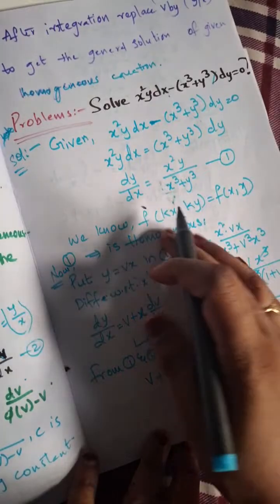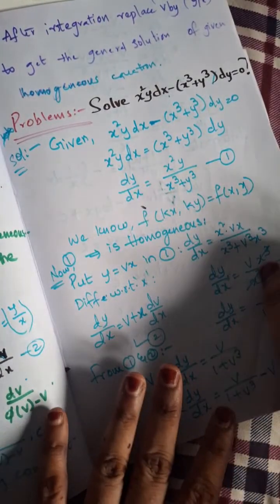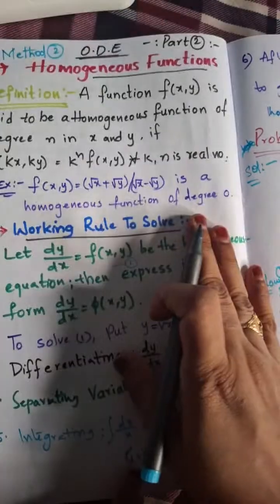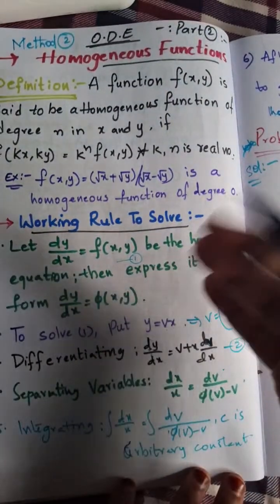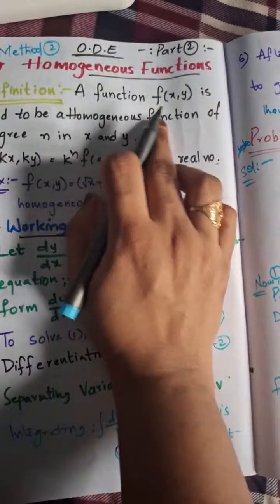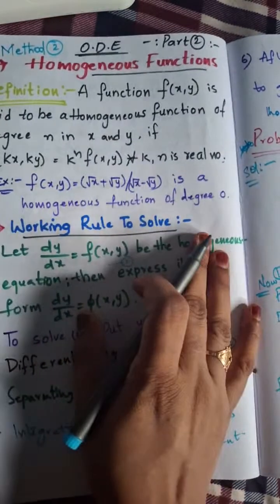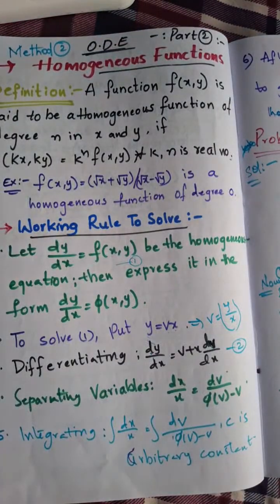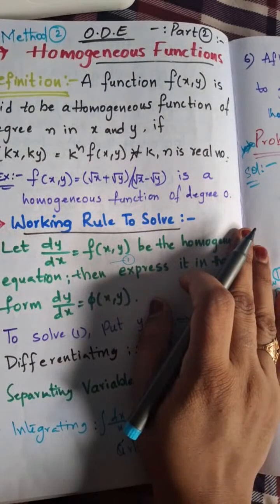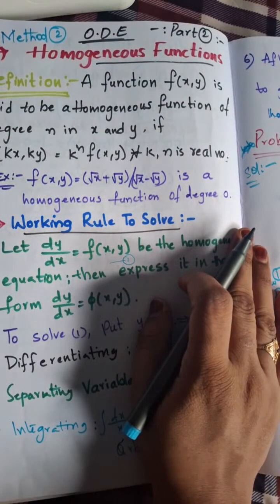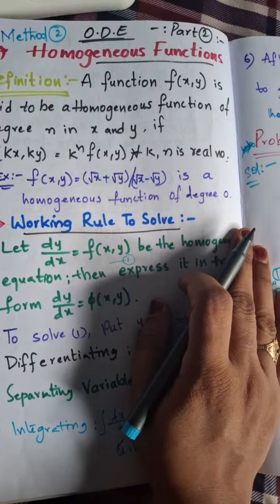Okay, by using this homogeneous method you can solve many problems. Variable separable method is the first method and second method is homogeneous method. In homogeneous we have another method that is reducible to homogeneous. In the next video I will upload the next method of homogeneous functions, reducing to homogeneous form.